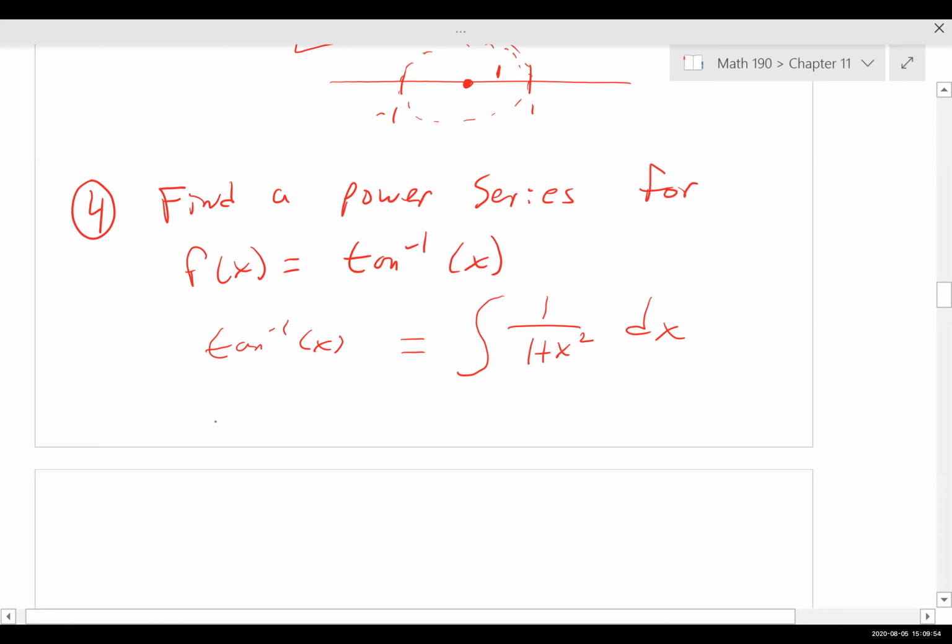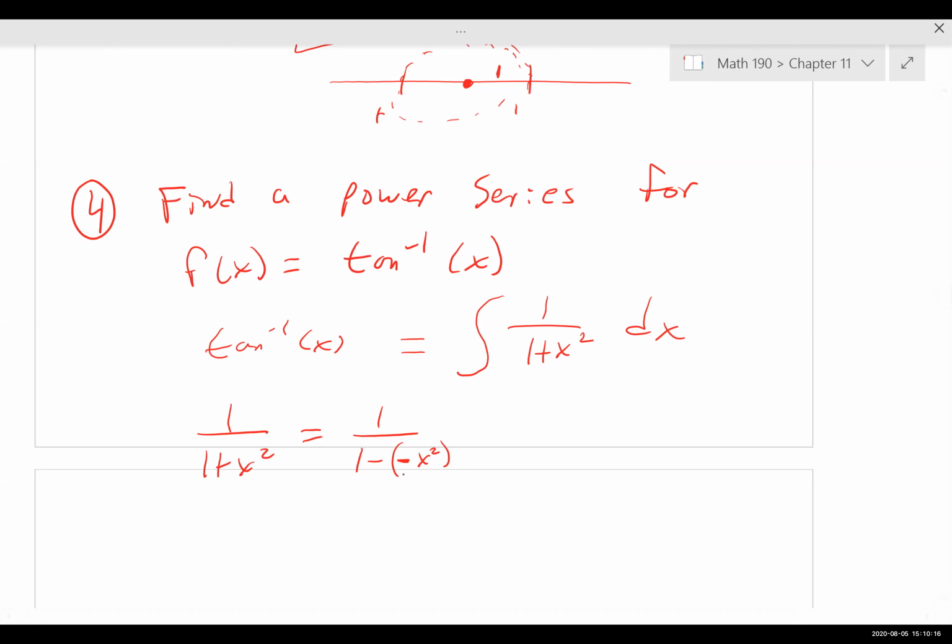And so we're going to get 1 over 1 plus x squared. 1 over 1 plus x squared is the same as 1 over 1 minus a negative x squared. Okay, that's cool.